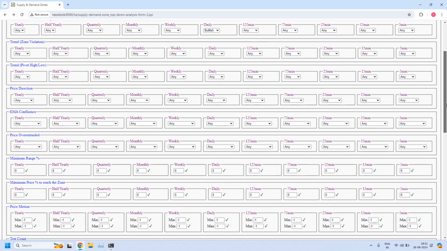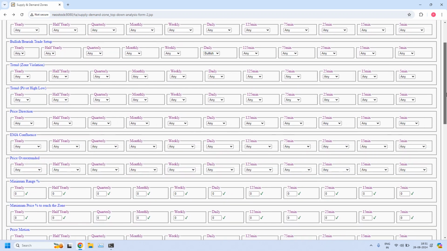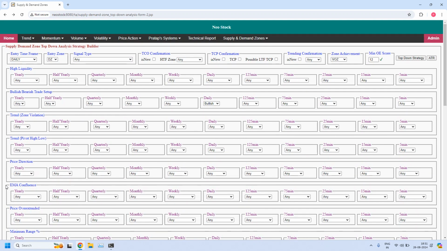EMA confluence also we will verify. So here you have EMA confluence, weekly time frame. That means weekly zones are having weekly EMA confluence, because weekly zone and daily zone are having confluence. So that is the reason why weekly EMA confluence. So that is a demand zone is having WEMAC.